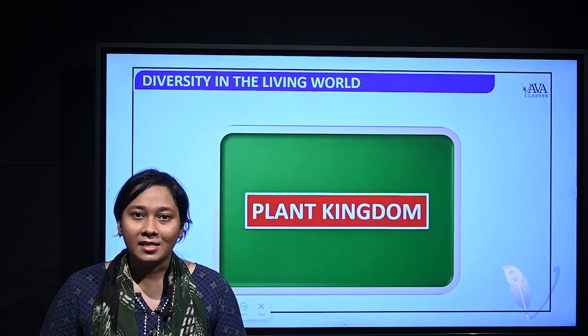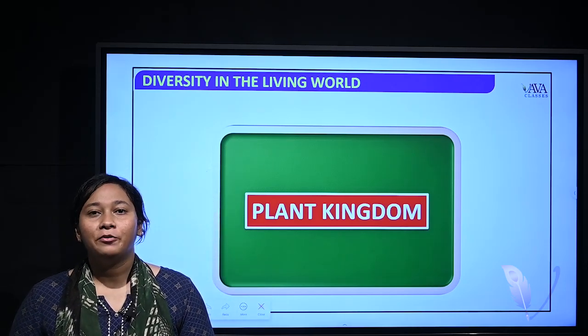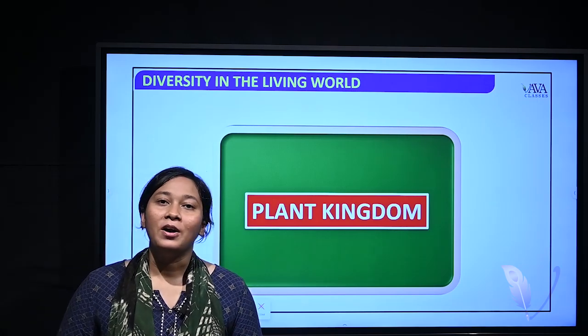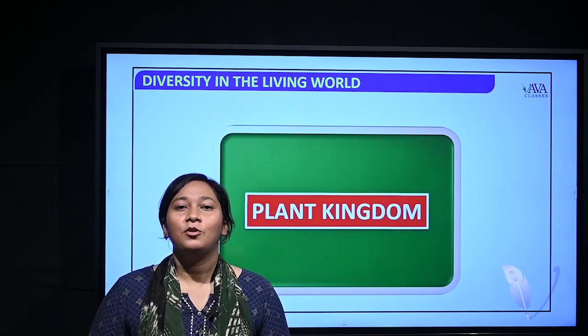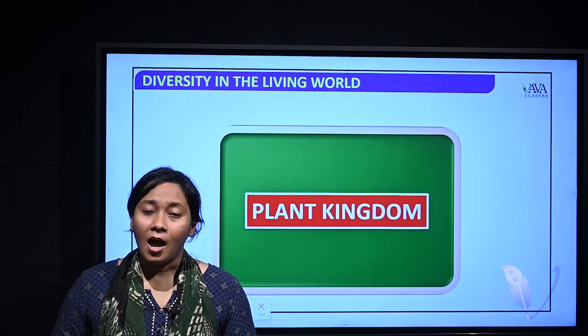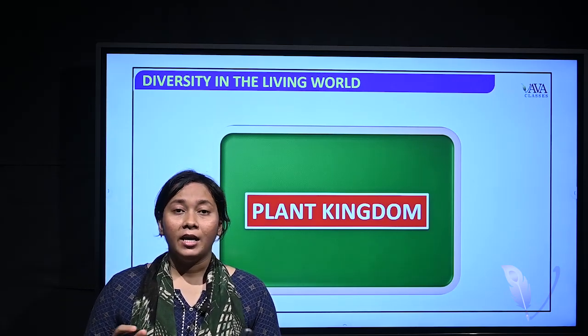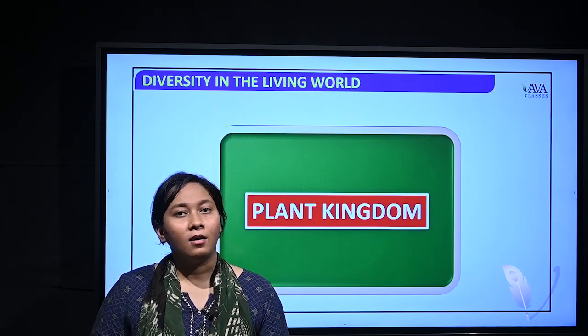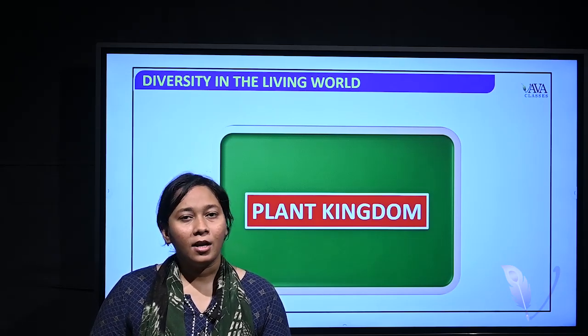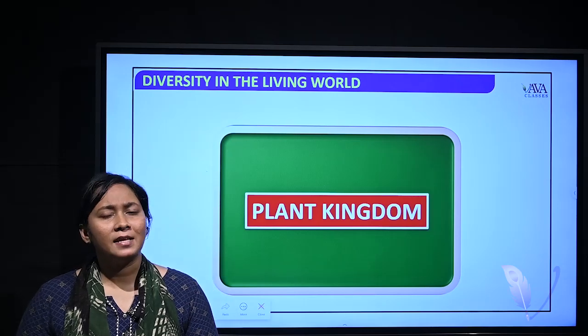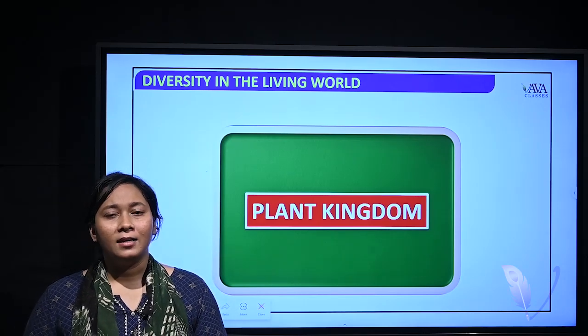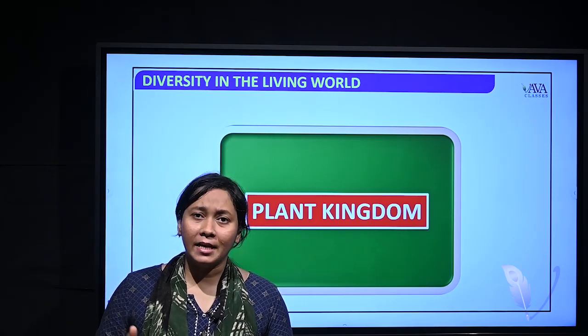In Kingdom Protista we saw unicellular eukaryotes, just as in Kingdom Monera we saw unicellular prokaryotes. After that we studied Kingdom Fungi, where they are either unicellular, just like yeast, or multicellular, just like mushroom, which is edible.